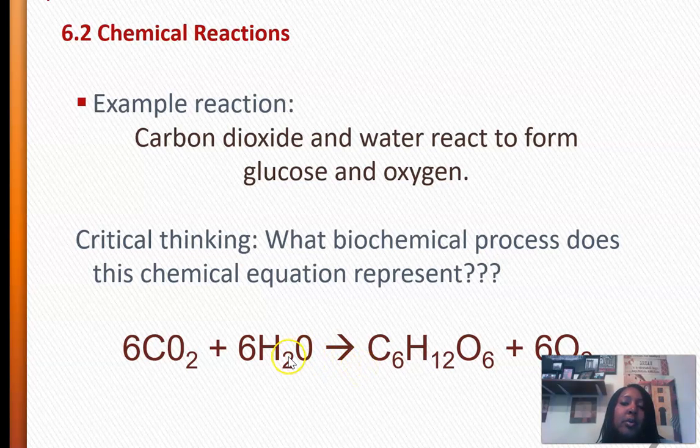You should know, we've talked about this. On this side, you have your reactants, and on this side of the arrow, you have your products. So make sure you're labeling the parts of this chemical reaction on your paper. Does anyone remember what chemical reaction this is? All right, if you said photosynthesis, you were correct.